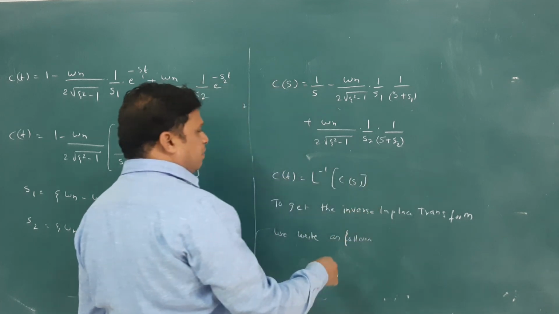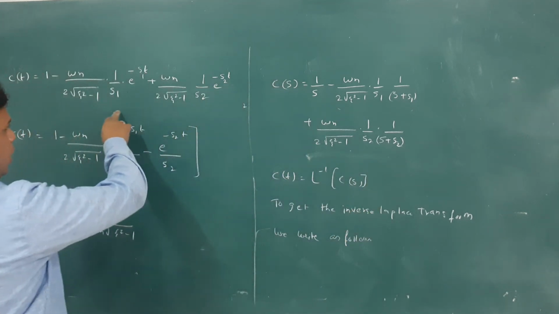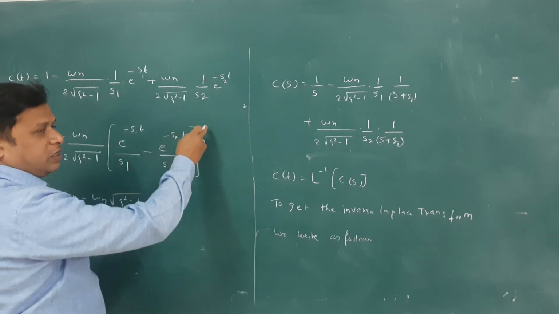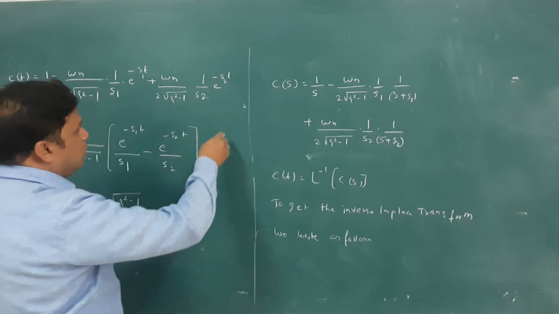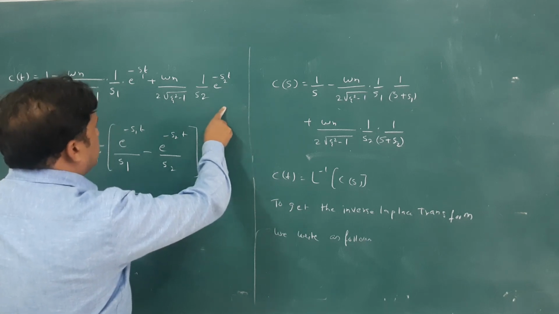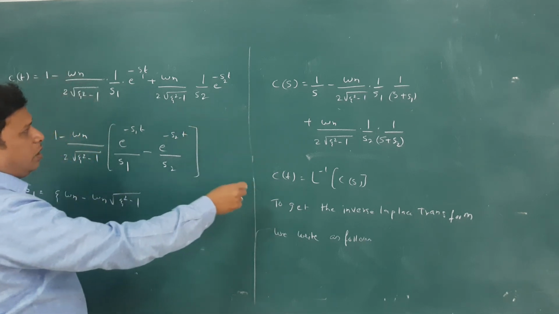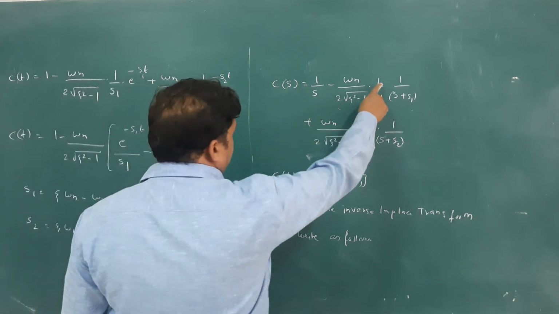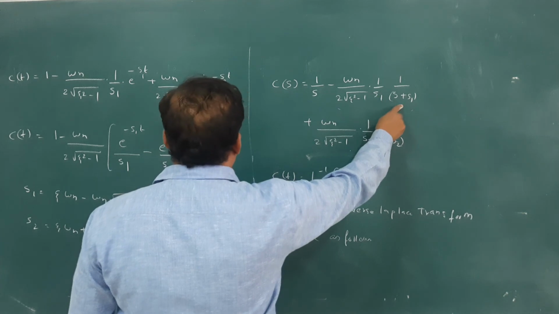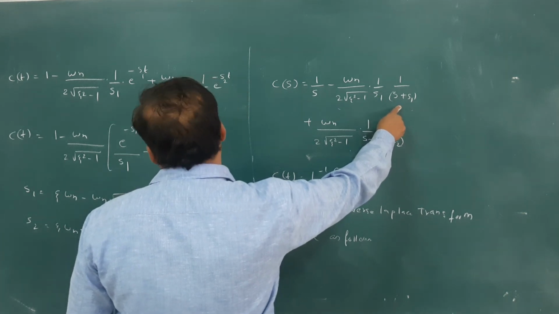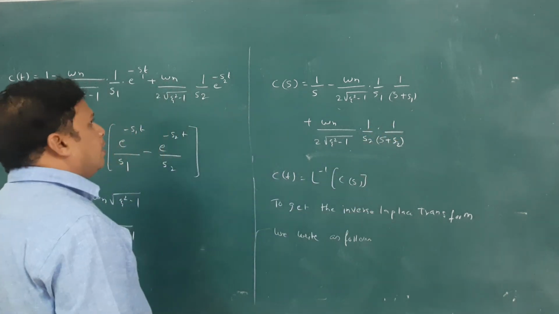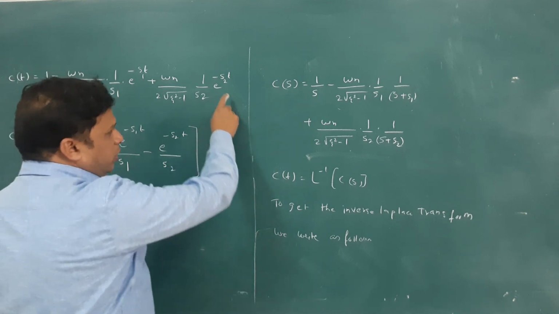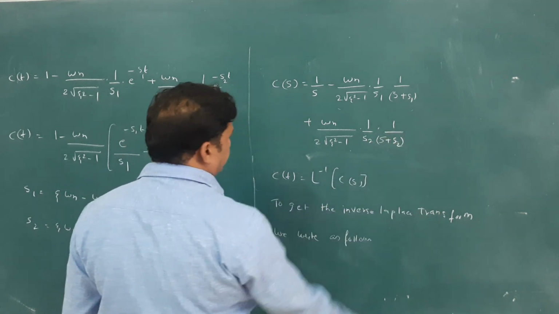In the beginning, in the partial fractions and Laplace transform part, I have given a list, so from that you can remember these values. 1 by s plus s1 is e power minus s1 t, and e power minus s2 t is 1 by s plus s2.